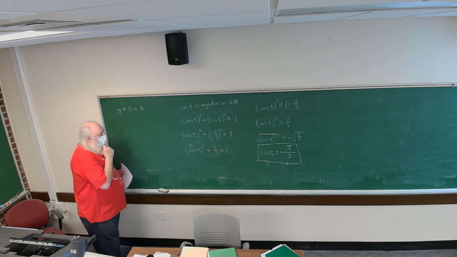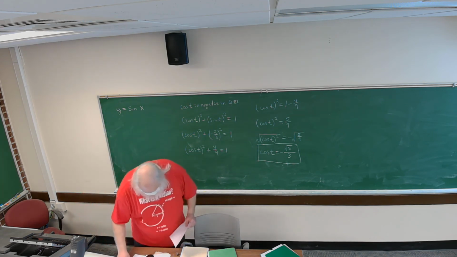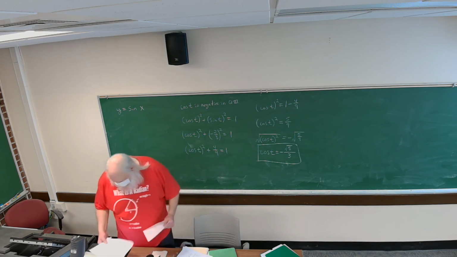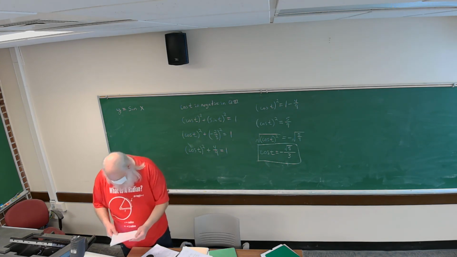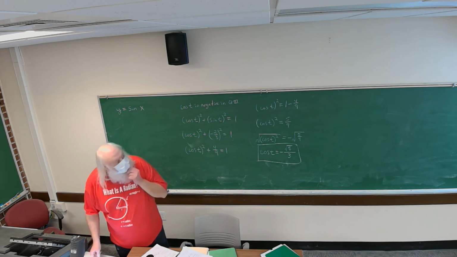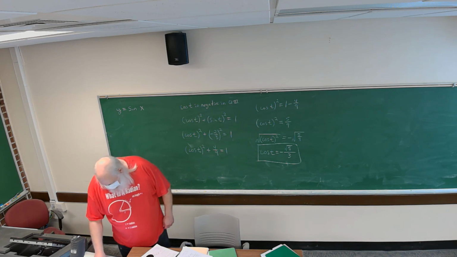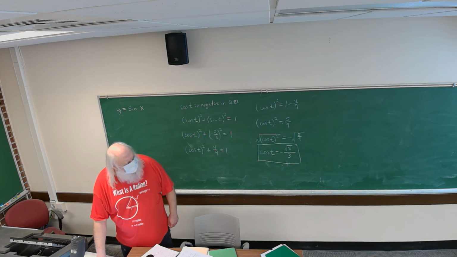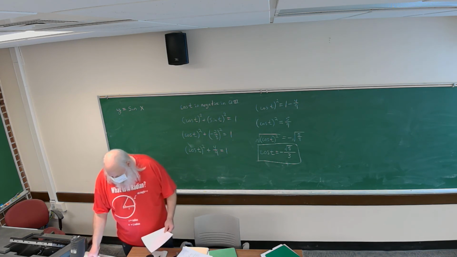Now x and y, when we were learning about the definition of the sine function and the cosine function, x and y were the coordinates of points on the unit circle, and x and y satisfy the equation of a circle, x squared plus y squared equals 1. That's not the case in the graph.